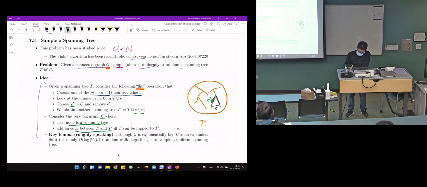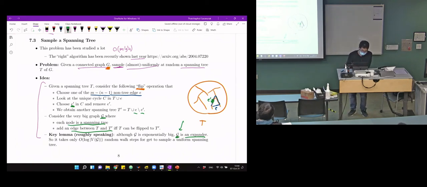However, this script G turns out to be an expander. This is one special case of something more general. One can talk about a matroid and create a graph based on that matroid, and that graph is an expander. I just want to throw the word matroid at you, that it has some connection to matroids. But for this context, this graph is an expander.